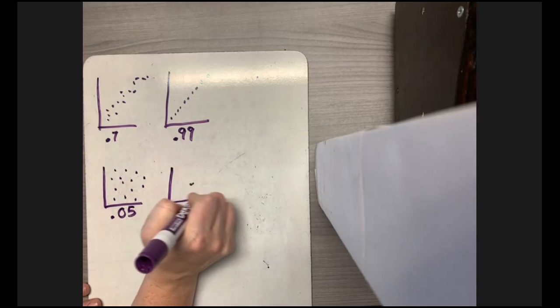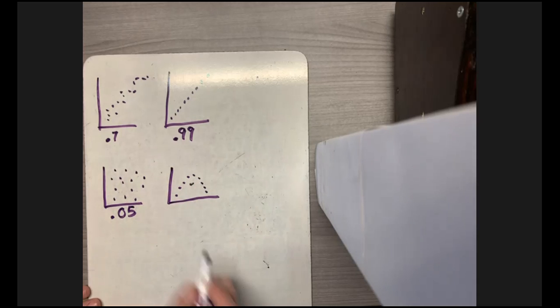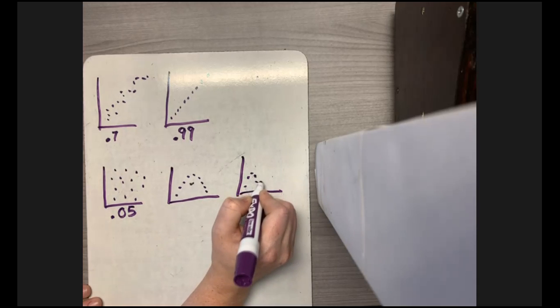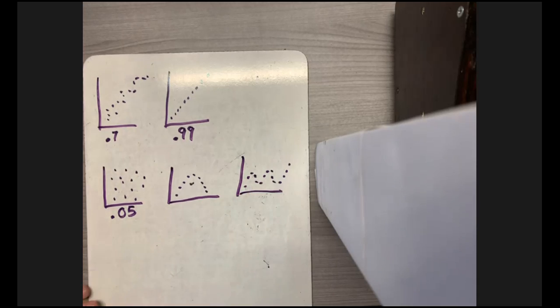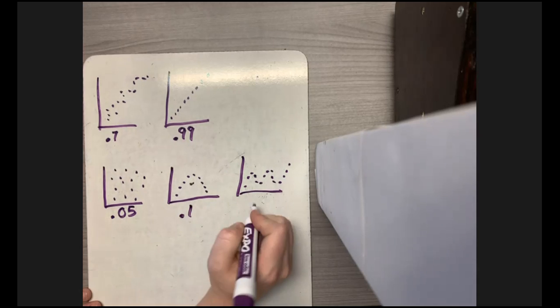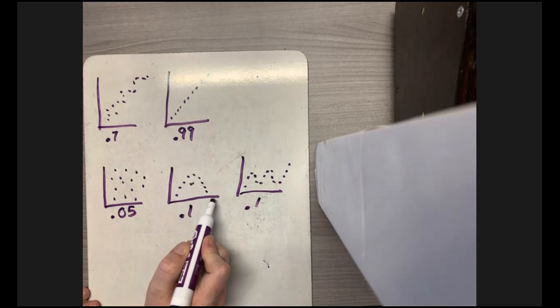Now, the other thing though is if I have another shape that is a U shape, or maybe it's some other sort of curved shape, these will also have very low linear correlation coefficients, because you're trying to put a line against a curve.